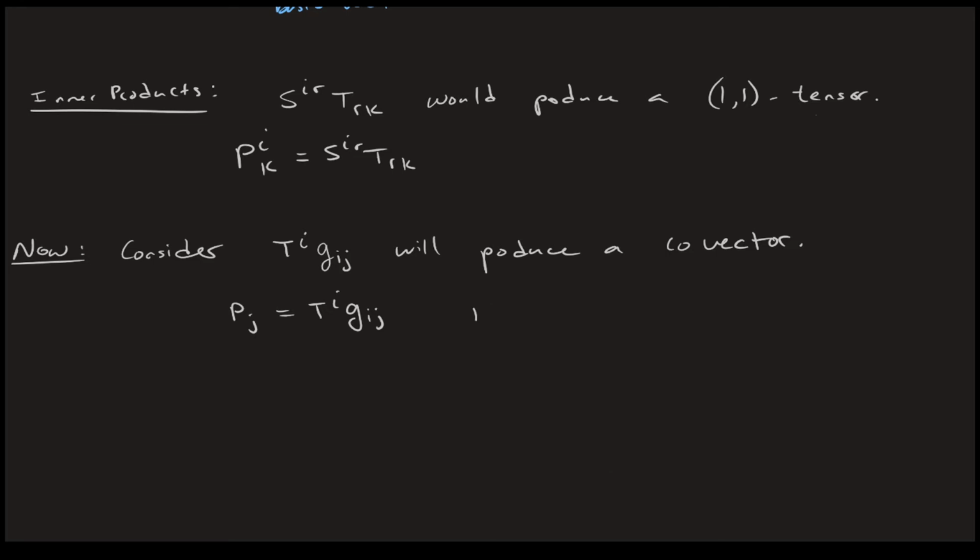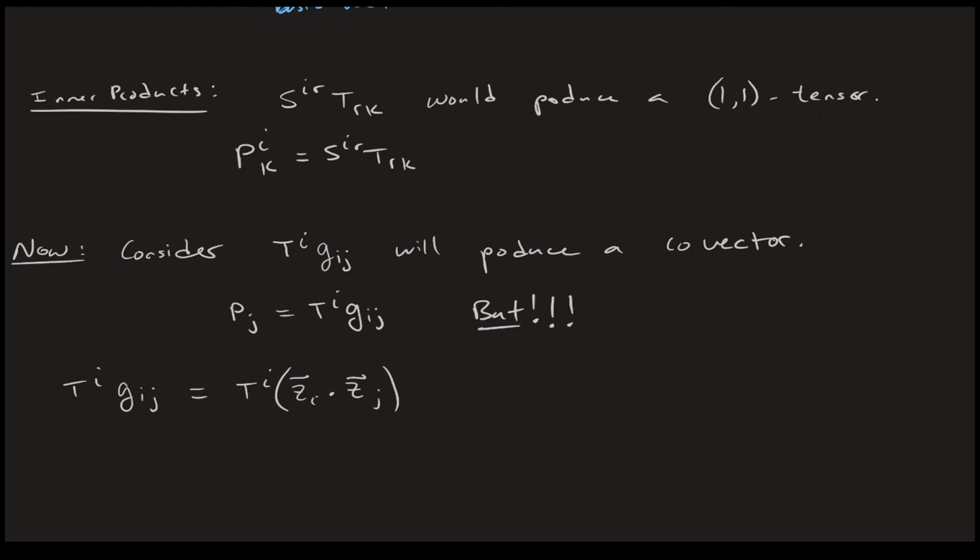But what if we look at Ti up, Gij more in depth? That's going to be Ti up, Zi down, dotted with Zj down. We just employ the definition.